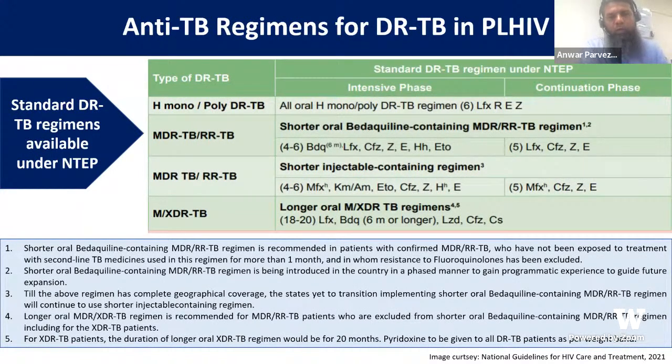And in the longer oral MDR or XDR treatment regimen, we use bedaquiline, linezolid, clofazimine, and based on the combination, we decide, picking from the table which has all the 3 categories of drugs.